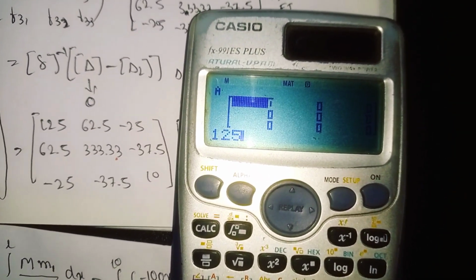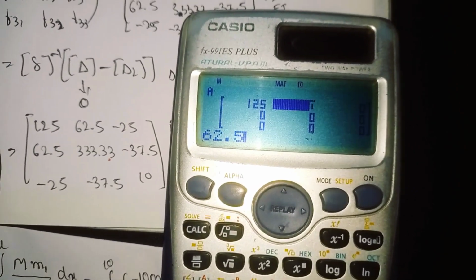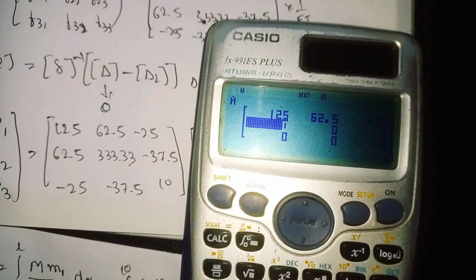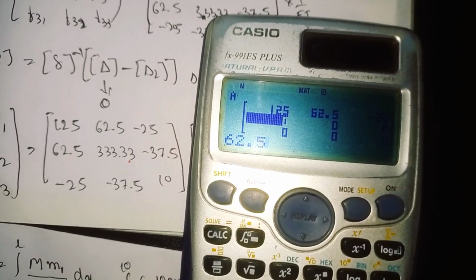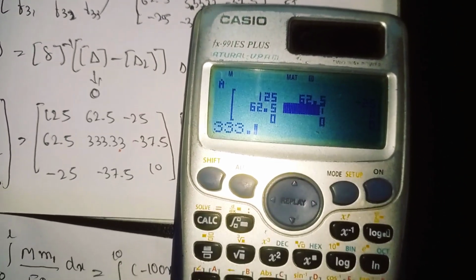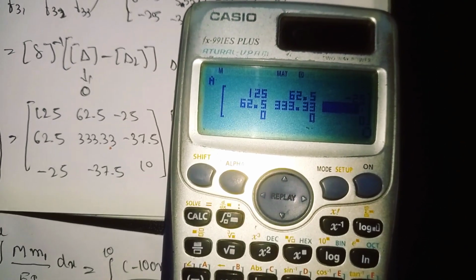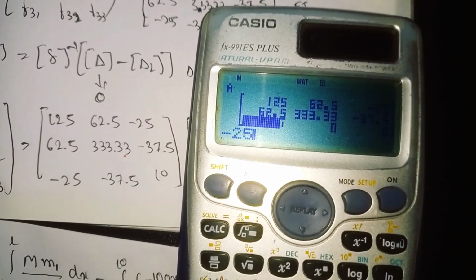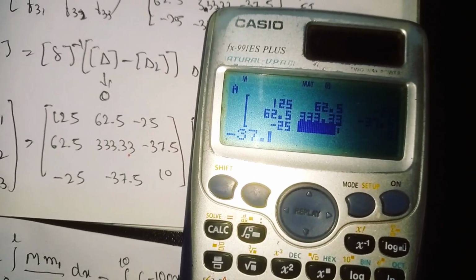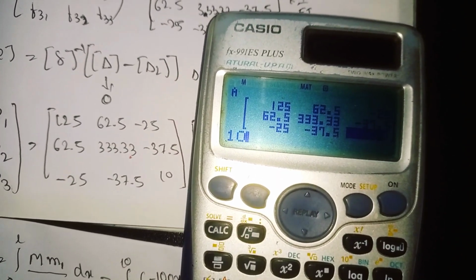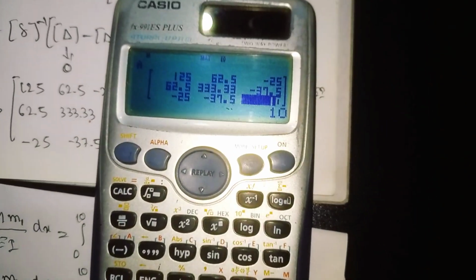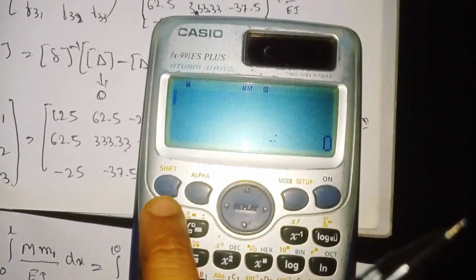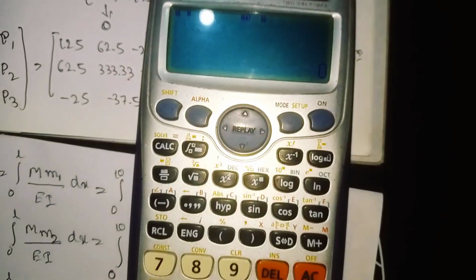Now fill in all the values: 125 equals, 62.5 equals, minus 25 equals, 62.5 equals, 333.33 equals, minus 37.5 equals, minus 25 equals, minus 37.5 equals, 10 equals. Now press AC, press shift and again come to 4.